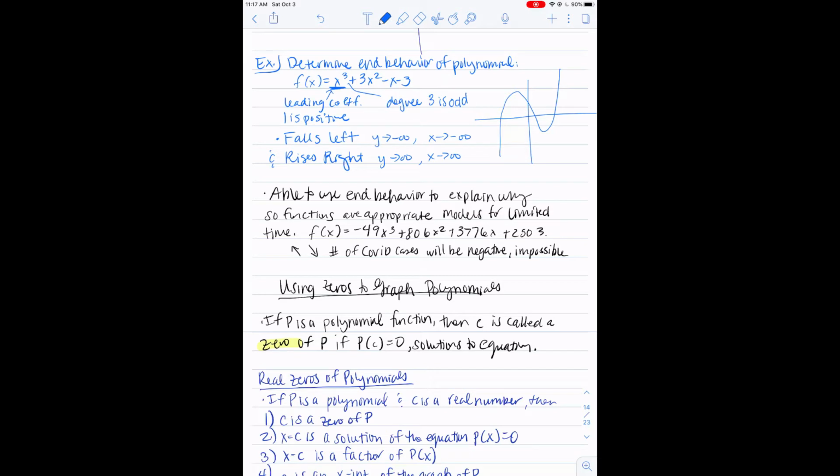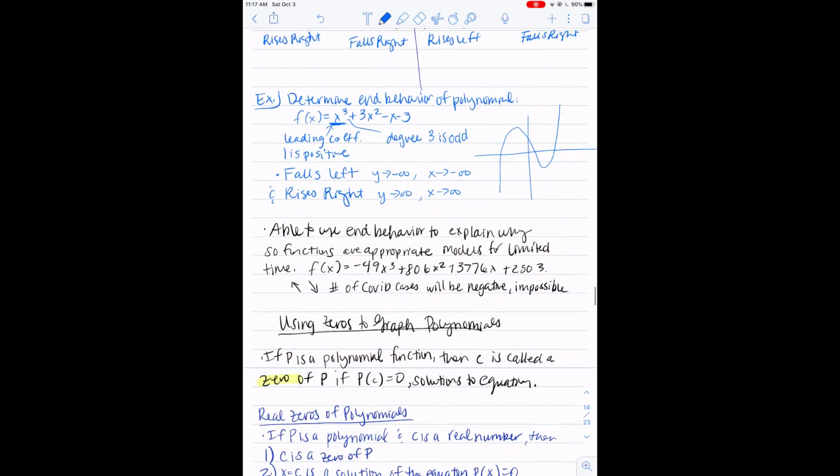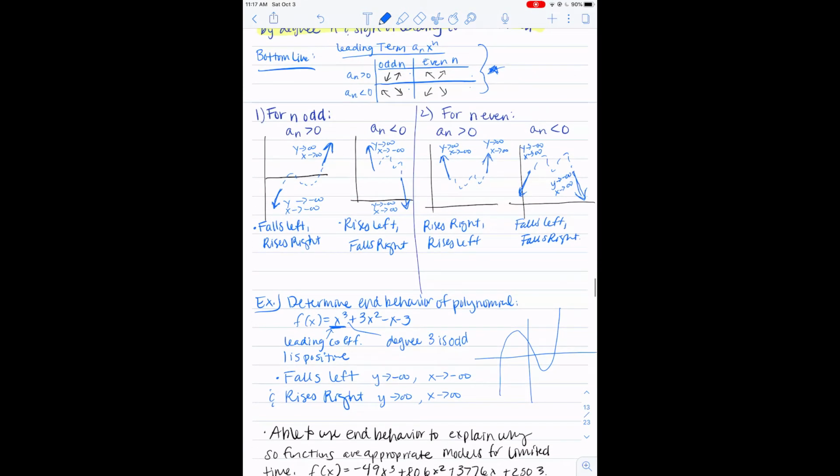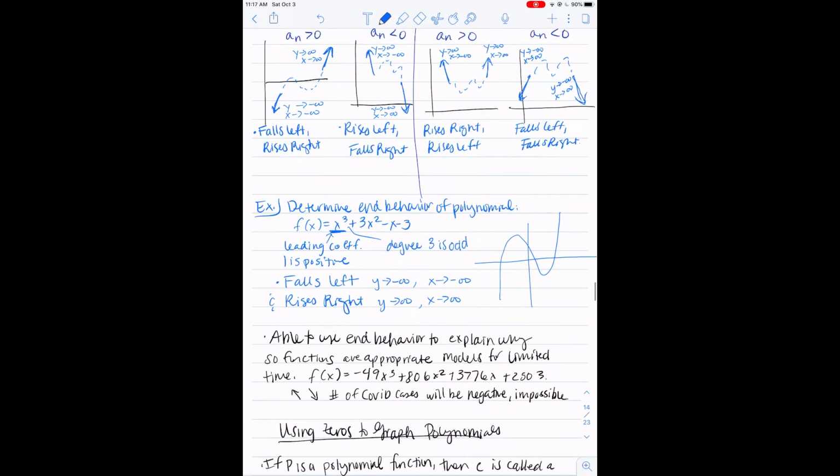So our leading coefficient is 1, which is positive, and our degree is 3, which is odd. So we go to the odd column, and our an is greater than 0, so it's the first one. It's going to fall left and rise to the right. And this is a picture of that graph.